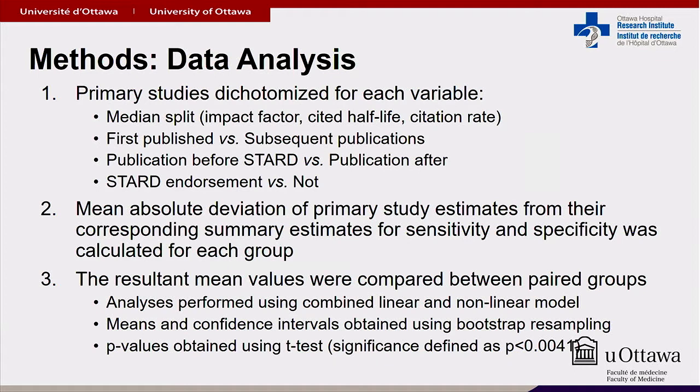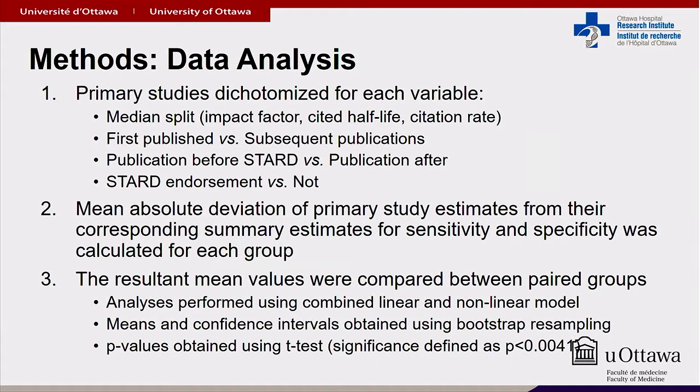Once we had 2 groups for each variable, we calculated the mean deviation of the primary study results from their corresponding summary estimates within each group. We then compared these mean deviation values between the paired groups for a given variable. A significant difference between the 2 groups in terms of mean deviation would suggest that the variable is associated with the proximity of primary study results to the pooled summary estimates.